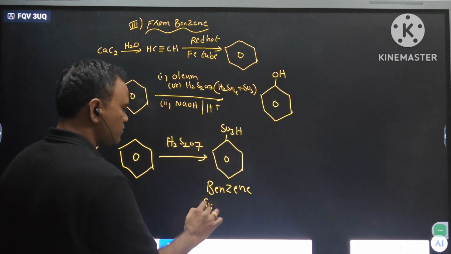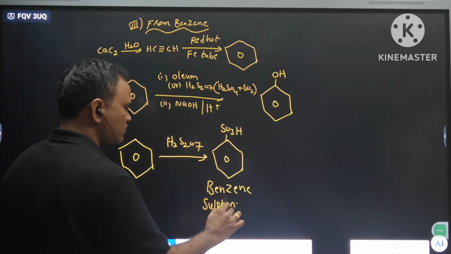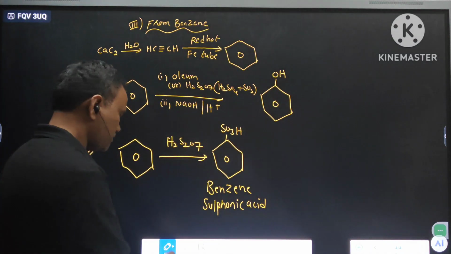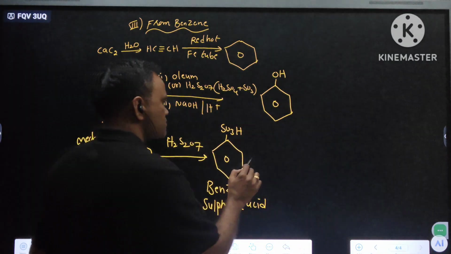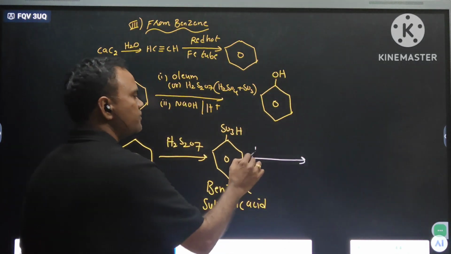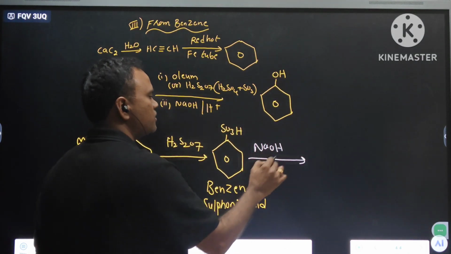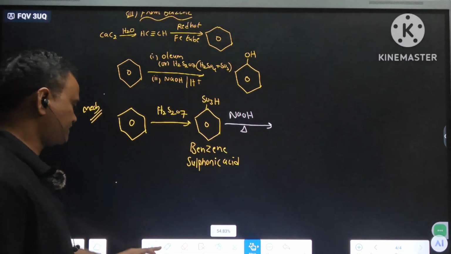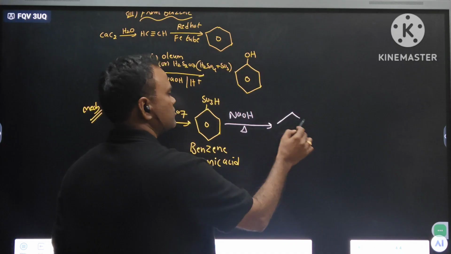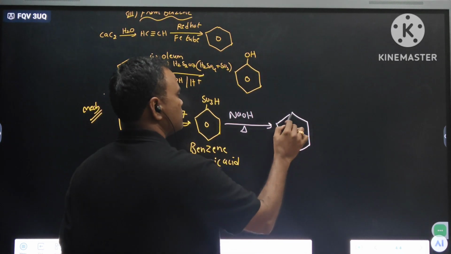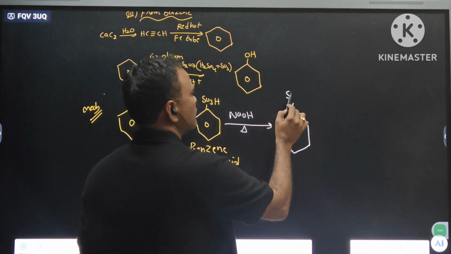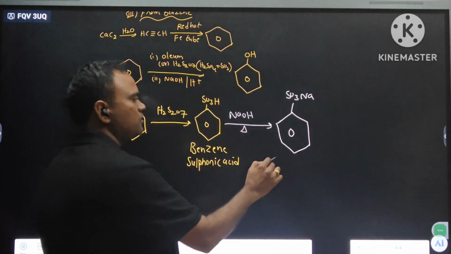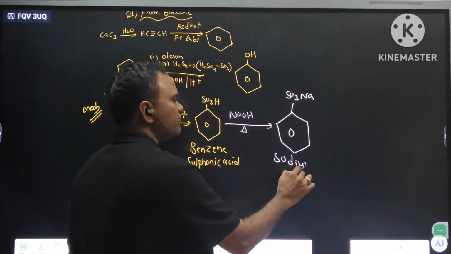Benzene sulfonic acid when treated with NaOH, sodium hydroxide, followed by heating, we will get sodium salt of benzene sulfonate, SO3Na.